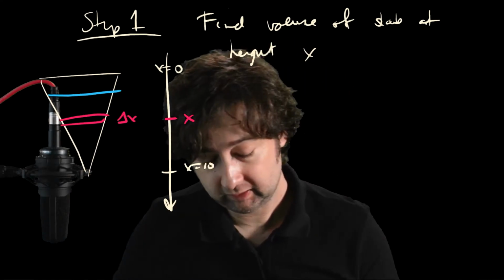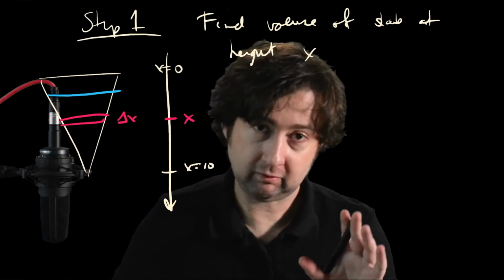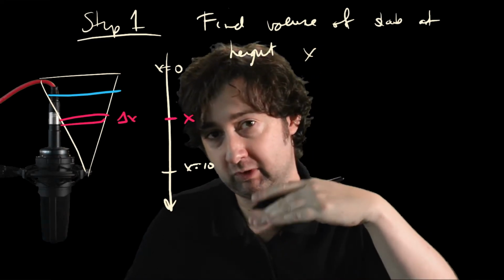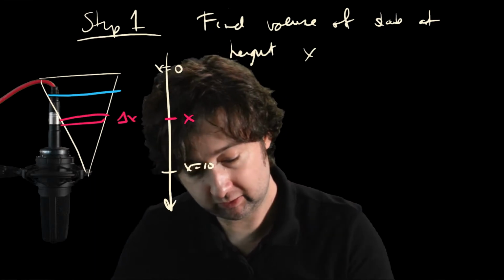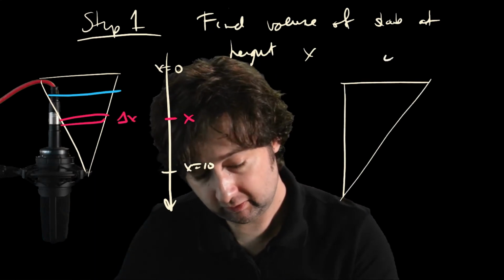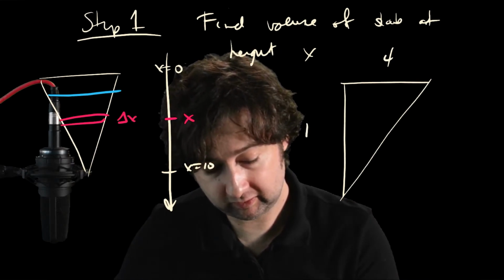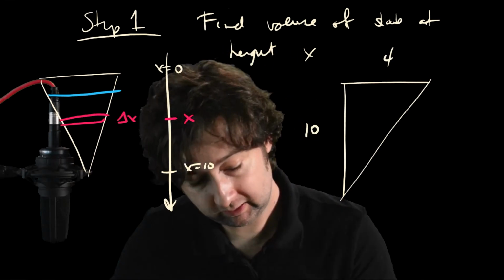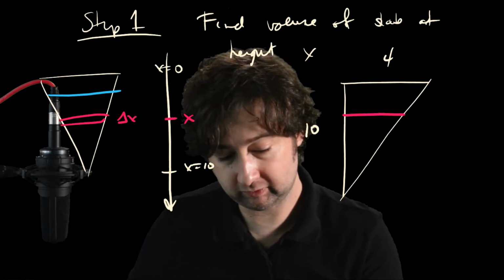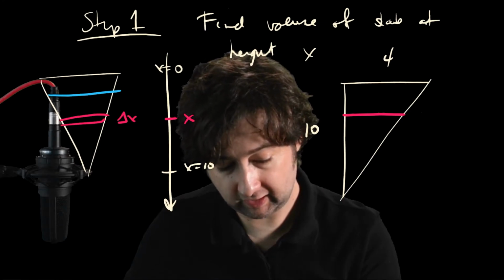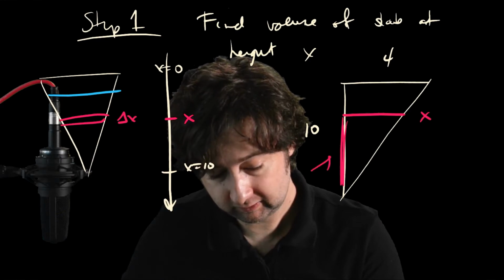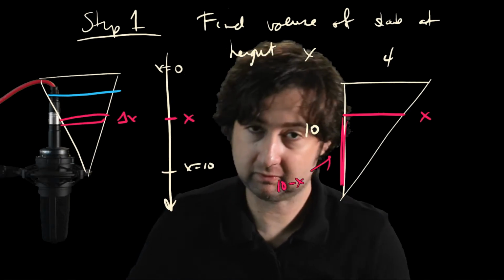Okay. So the shape that I'm going to use to figure out the volume of the slab as a function of where that slab is located is going to be based on a triangle that looks like this. I know this is 4, and I know that this is 10. And if this position is at x, then this length right here is 10 minus x.